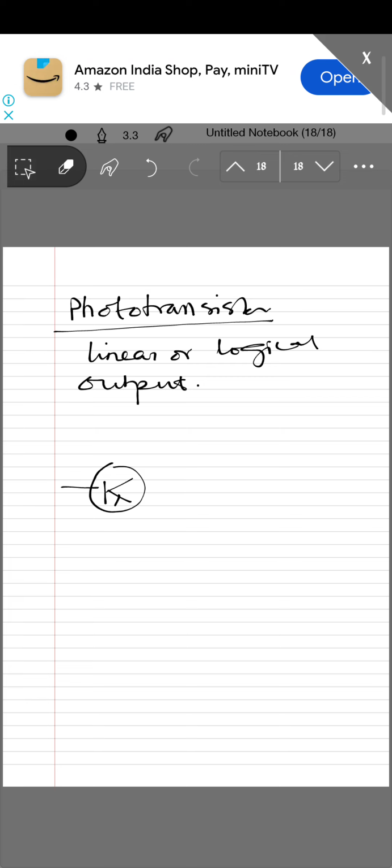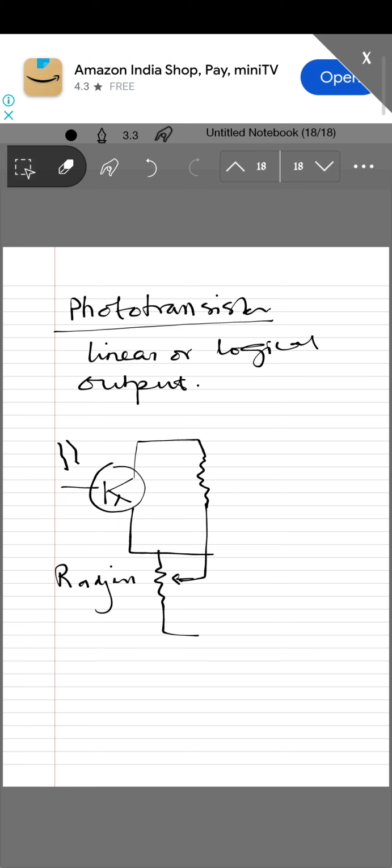It has no base, however it is sensitive to light, so it creates some sort of current. The circuit diagram shows a resistance here, and then another resistance, which is an adjustable resistance, and this is connected to a proper driver transistor.